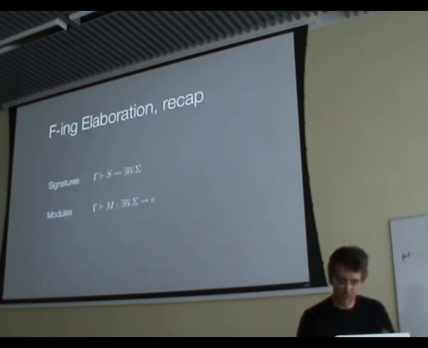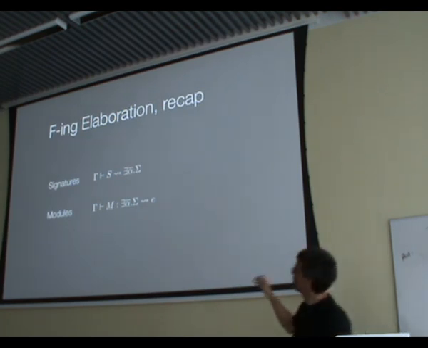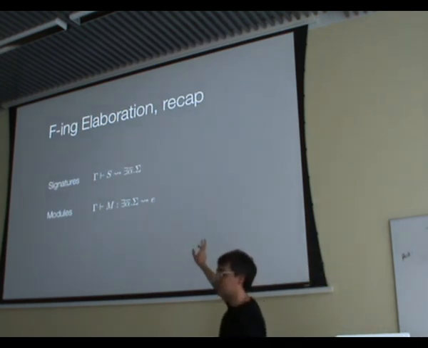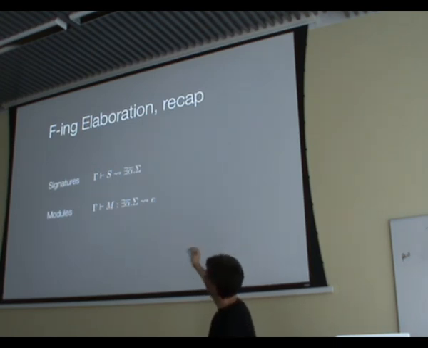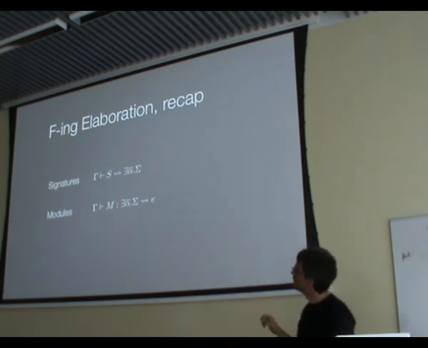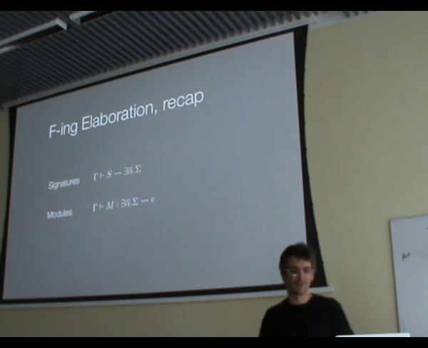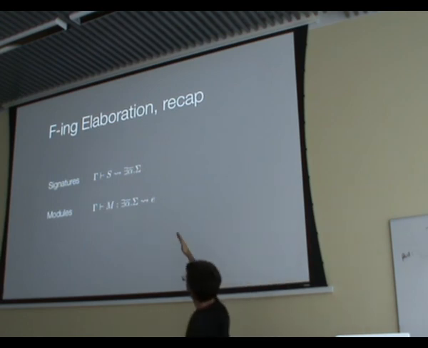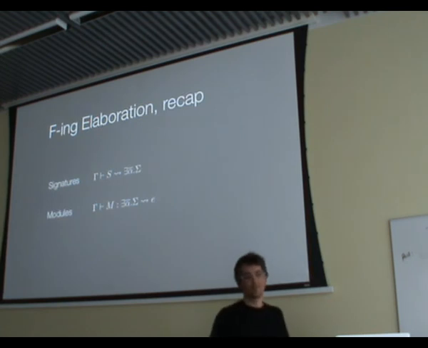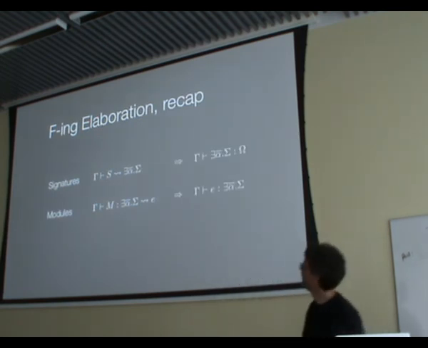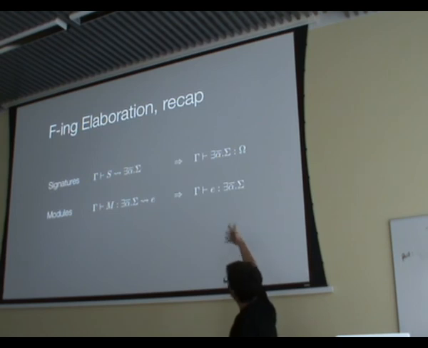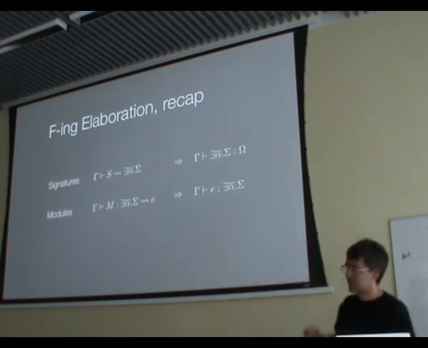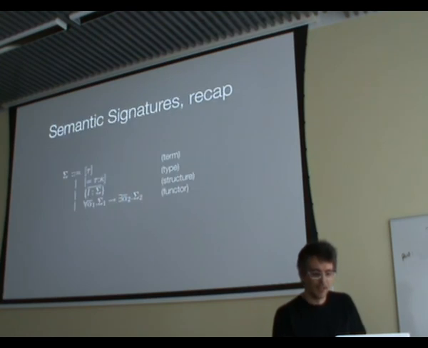Very briefly, that approach takes the syntax of modules I just showed you on the previous slide and elaborates it into vanilla System F omega, extended with records to represent structures, but that's it. So you translate every signature into an existential type, and you translate every module into an F expression with an existential type. The invariant is that you produce well-formed things, and that is basically the summary statement of the semantics.